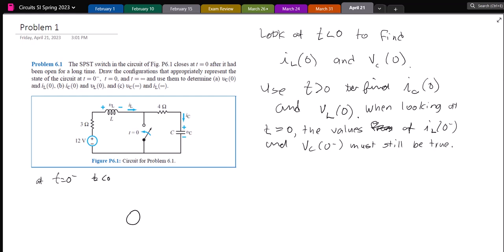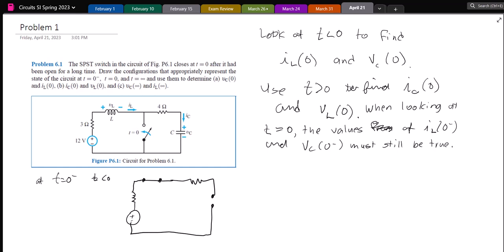We have our voltage source and a resistor, and our inductor will act like a short circuit, and our capacitor will act like an open circuit, and our switch is open, so there's nothing going on there. So we don't have a complete circuit. Since we don't have a complete circuit, there's no current anywhere.